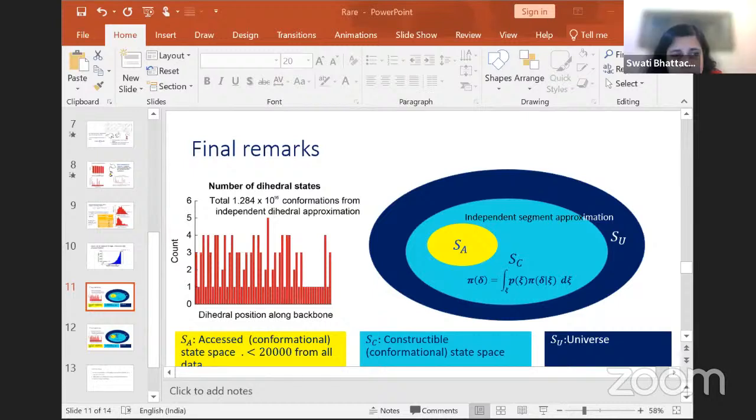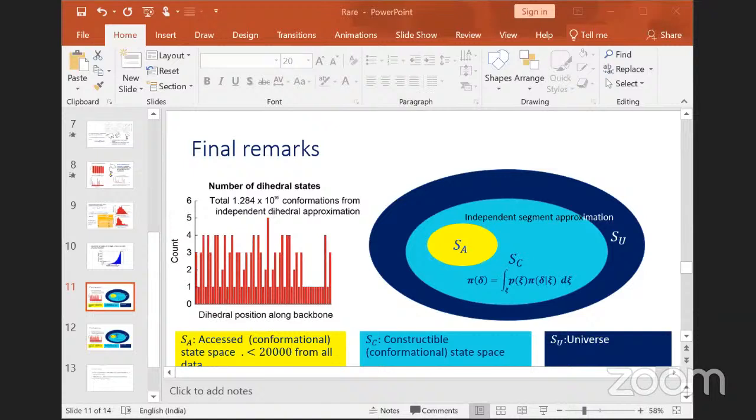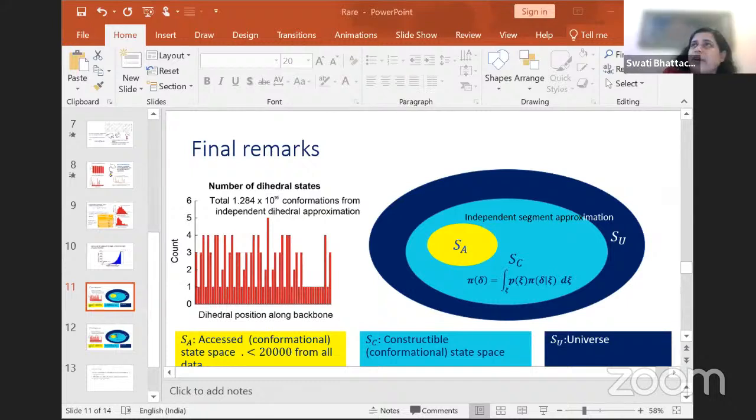And that would generate all possible sets of phi psi combinations, right? So how is this different than that in terms of generating the universe of possible, even though non-accessible, states?